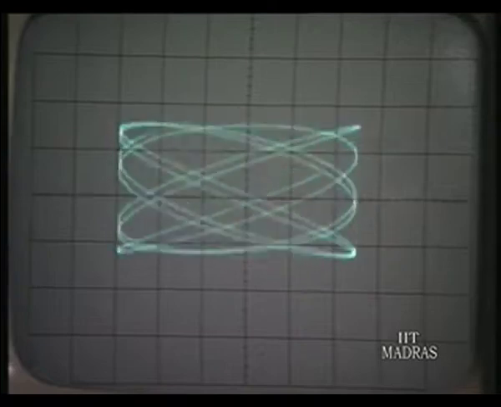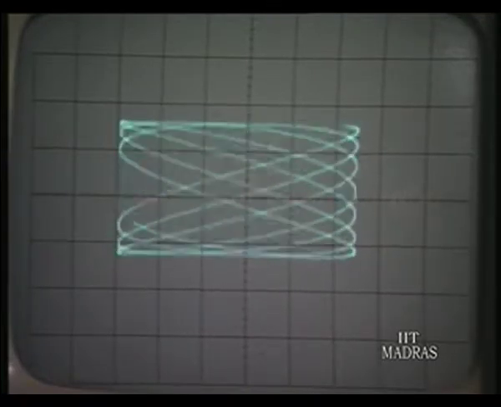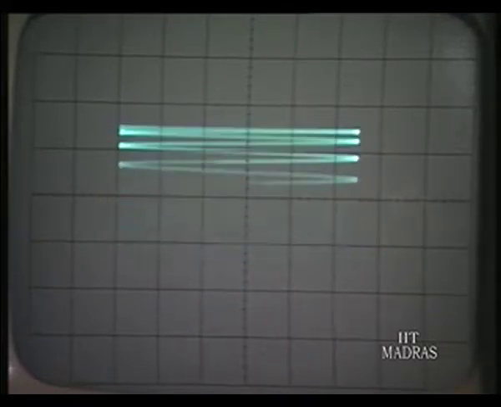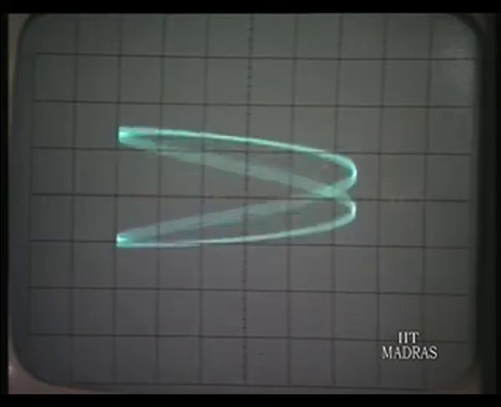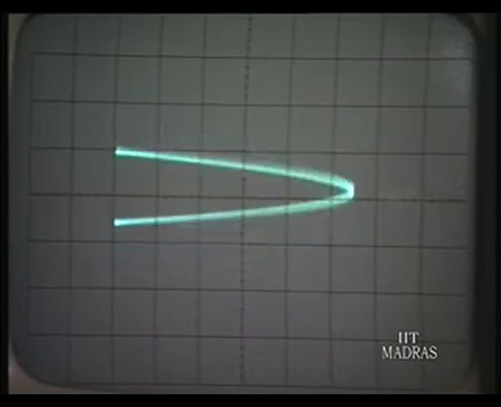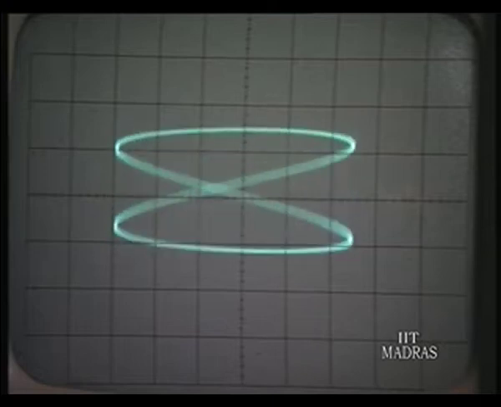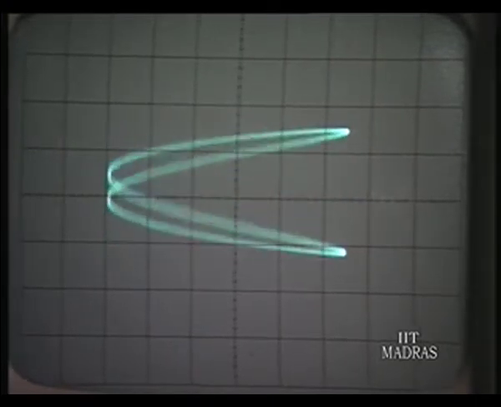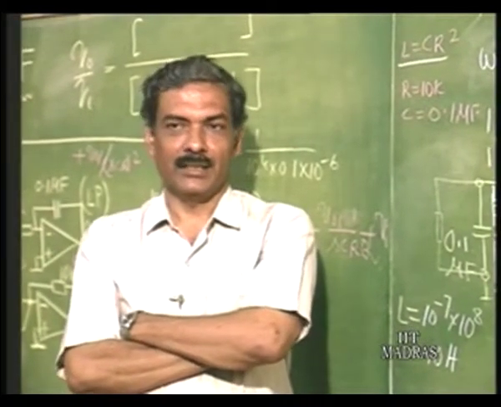Given a standard frequency input, you can obtain this kind of Lissajous figure and estimate the frequency very accurately. There you have a vertical figure of 8. This is half the frequency. So, you can therefore measure the frequency of oscillation by using this Lissajous figure.